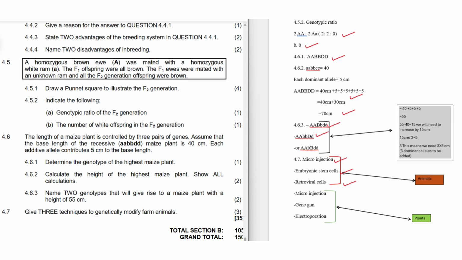We write 2AA. Right. Then the 2 heterozygous. You can see 2 offspring are heterozygous, one dominant and one recessive. Then the ratio is going to be 2:2:0.